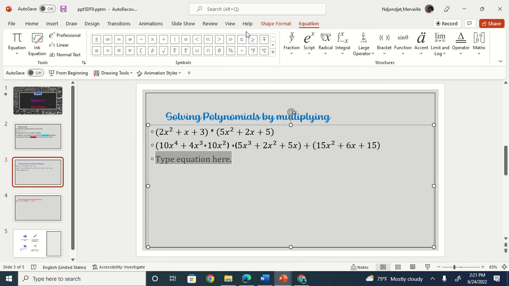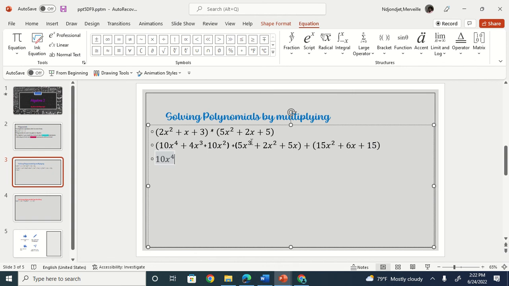So now, if you add it all together, just remember when adding, add similar terms to each other. So 10x to the power 4 would not be added to anything because nothing is similar to that term. Then we got 4x cubed plus 5x cubed.